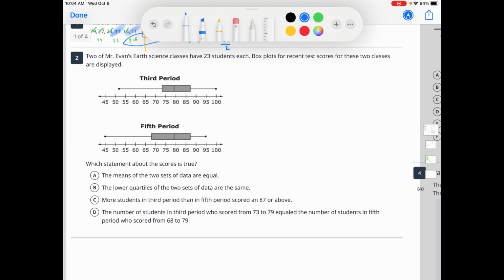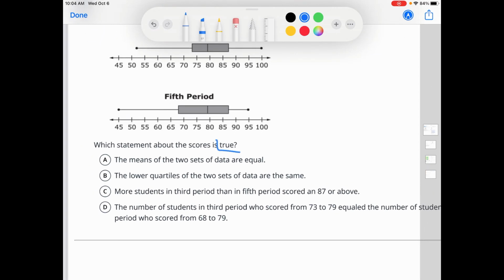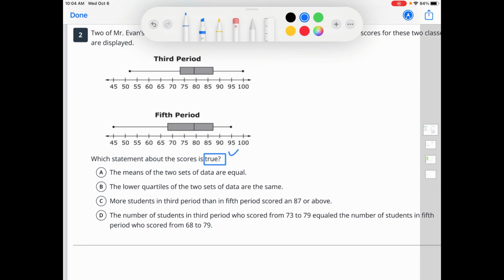Question number 2, 2 of Mr. Evans' earth science classes have 23 students each. Box plots for recent test scores for these 2 classes are displayed, 3rd period and 5th period. Which statement is true? I'm going to put a check mark to show if each statement is true or false. A, the means of the 2 sets are equal.